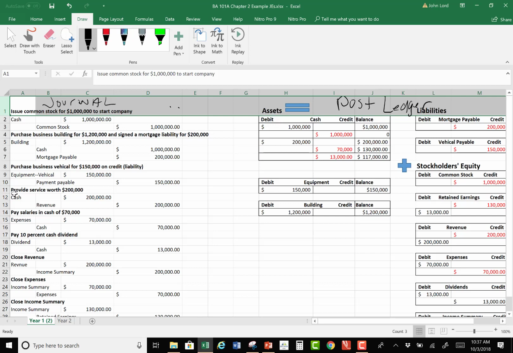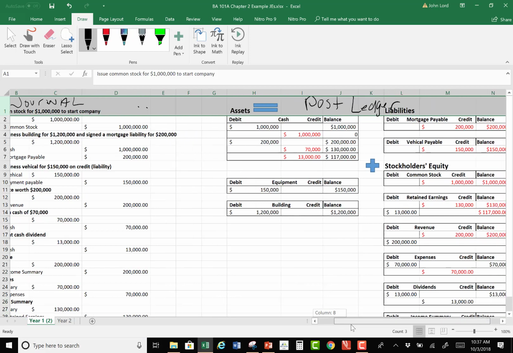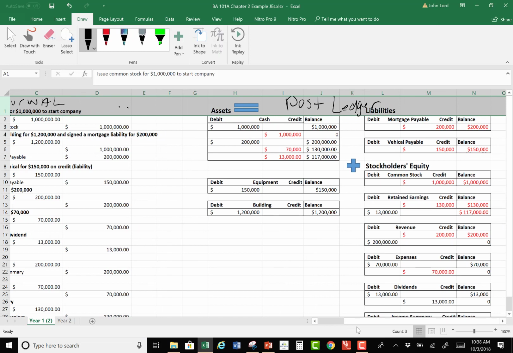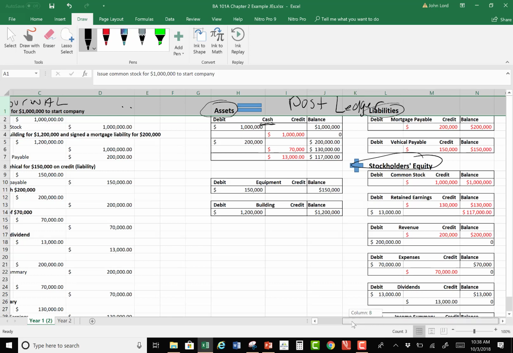Now, when we look at our ledger over here, we have listed our accounts under the category of asset, liability, stockholders' equity, and then we've got revenues, expenses, etc. So we've got these different accounts, and we find the account that was associated with that transaction, and there's our cash, isn't it? So now we post over to the ledger.